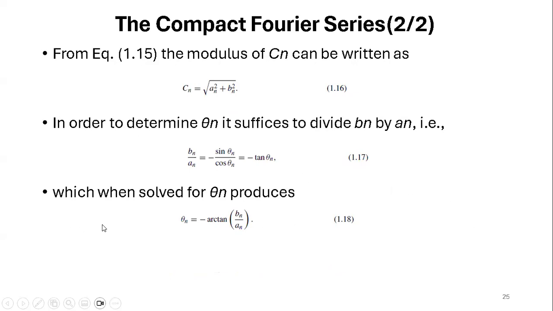The magnitude c n is equal to the square root of a n squared plus b n squared. To determine theta, it is sufficient to divide b n by a n. This gives tan theta, which is sin theta over cos theta, equal to b n over a n, which when solved for theta gives theta equal to minus arctan. Arctan is the inverse of tan theta.